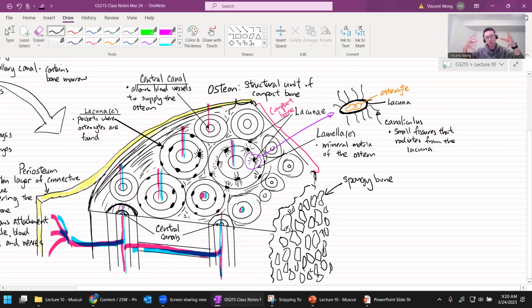Okay? And it allows the bones to grow in diameter. So essentially, it's like taking bone from the center and rewrapping it on the surface. So this gets thicker and thicker, and your medullary canal would get bigger as well, right? The amount of bone marrow would grow. So eventually, the center right here, this is the medullary canal.